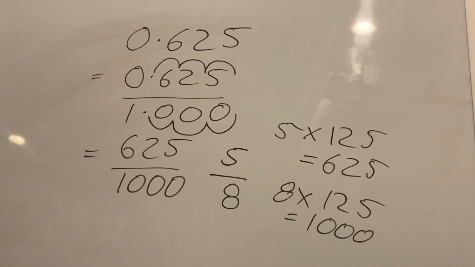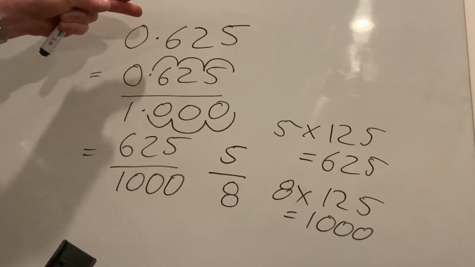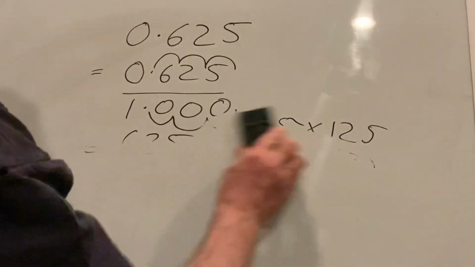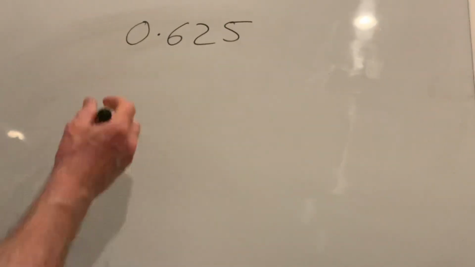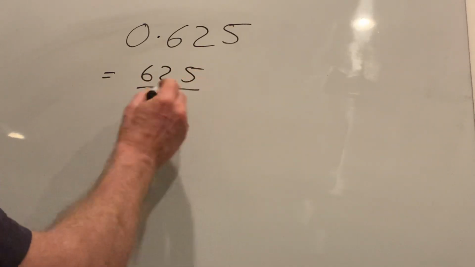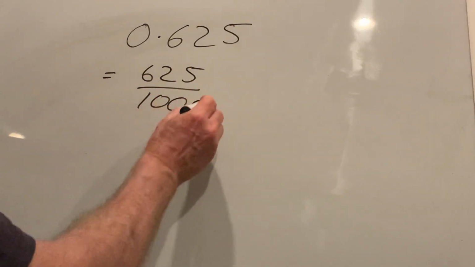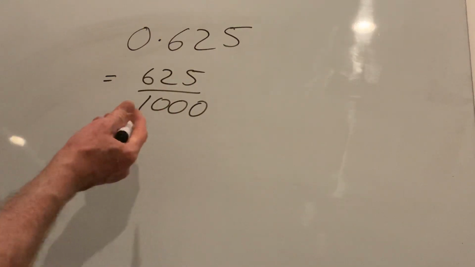So let's say you don't know that. So I'm going to take this 625 on 1,000, which we've got from here. I'm going to rub this out here. So we go back to it, 625 on 1,000. Well, what goes into 625 and 1,000? Well, I'd say 5 goes into both.